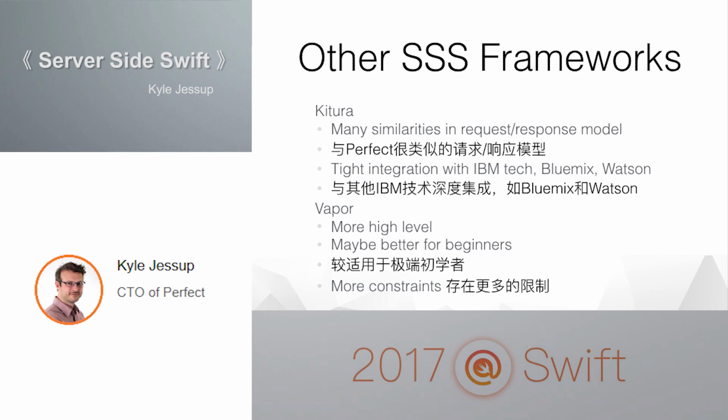As I mentioned before, all of these server-side Swift frameworks try to do the same thing, which is take a request, run your code, and spit out a response. What we're all trying to do is the same, but we approach it in a slightly different manner. For Perfect, we try to approach it in a very performant and scalable way.